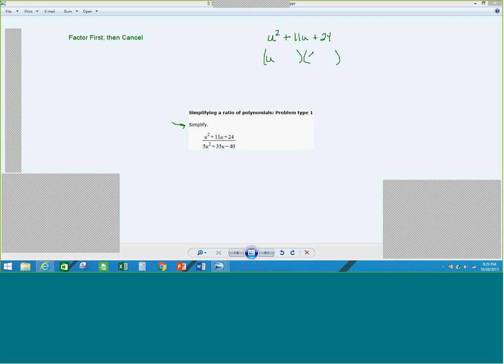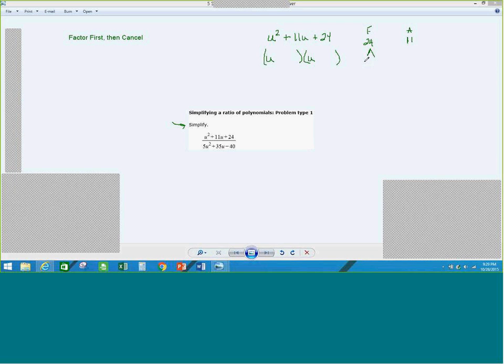We split the u squared term into u and u, and look for factors of 24 that add to the middle term, 11. All right, so factors of 24 that can add to 11. I haven't done any of these problems ahead of time, so you'll just have to go through this with me a little bit.